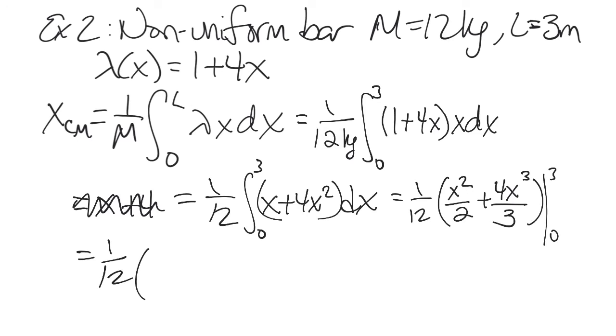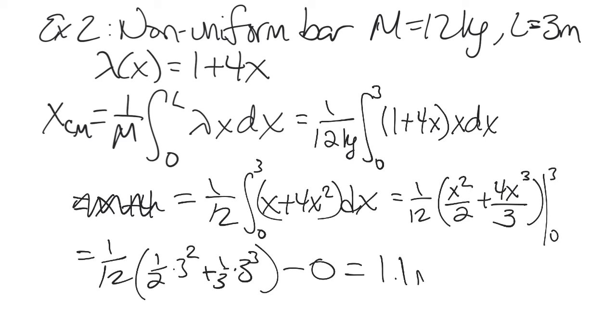So we get 1/12 times 1/2 times 3 squared plus 4/3 times 3 cubed, minus all that stuff at 0, which is just 0. And you get 1.1 meters, which is not the 1.5 meters we got before, right? Because it has this nonlinear density.